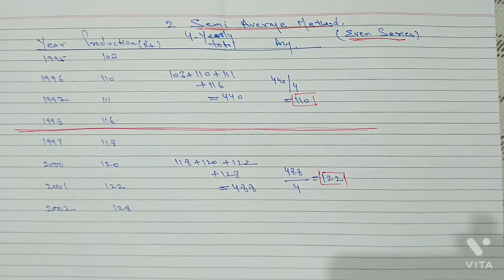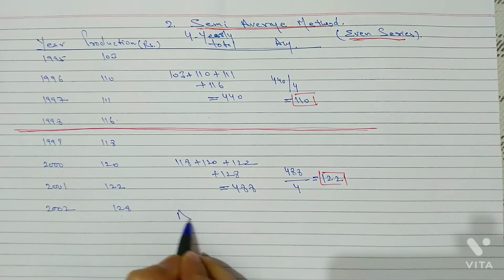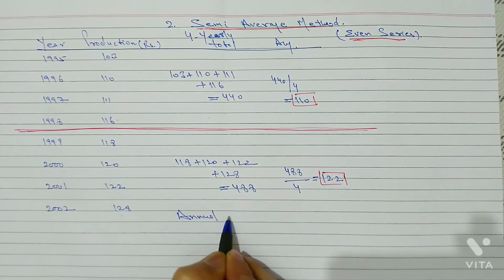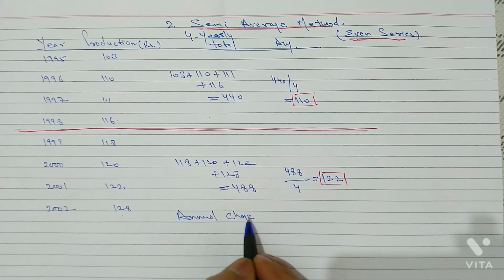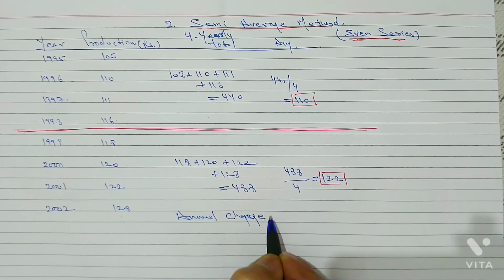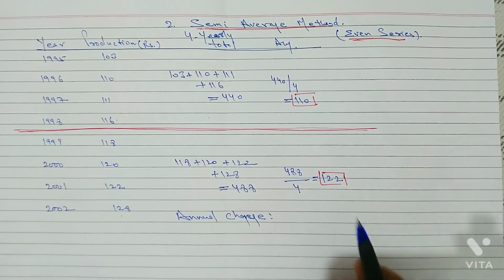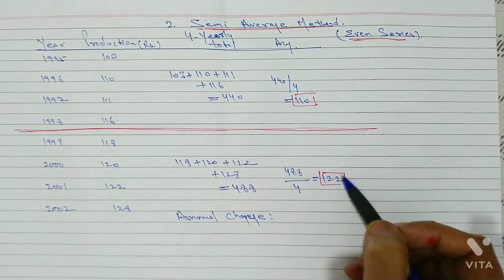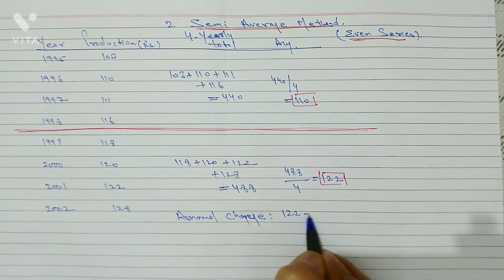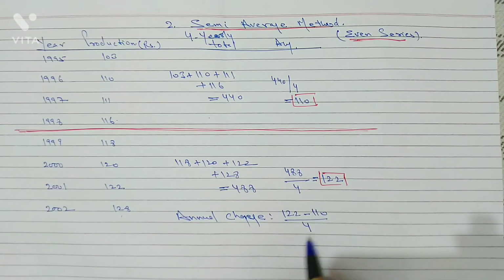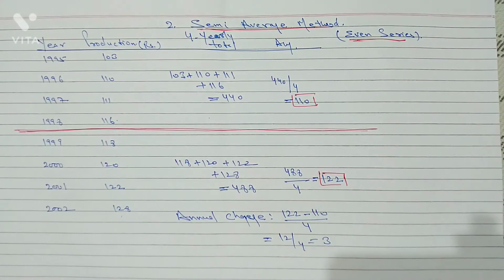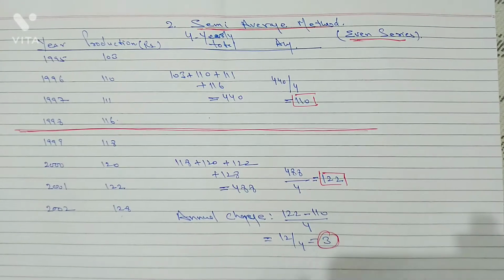Now annual change, as we have done in the previous example. Difference between semi-averages, 122 minus 110, and their corresponding years: difference is 4. 12 divided by 4 equals 3. So our annual change is 3.